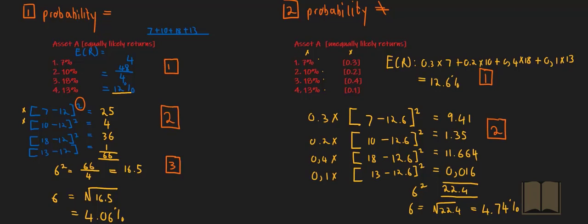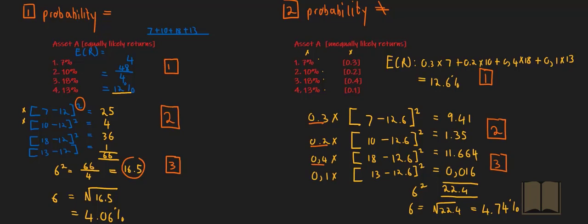The third step involves calculating the variance. So the variance is calculated by taking the sum of the squared deviations and dividing it by the number of data points. Whereas in scenario 2, we calculate the variance slightly differently.